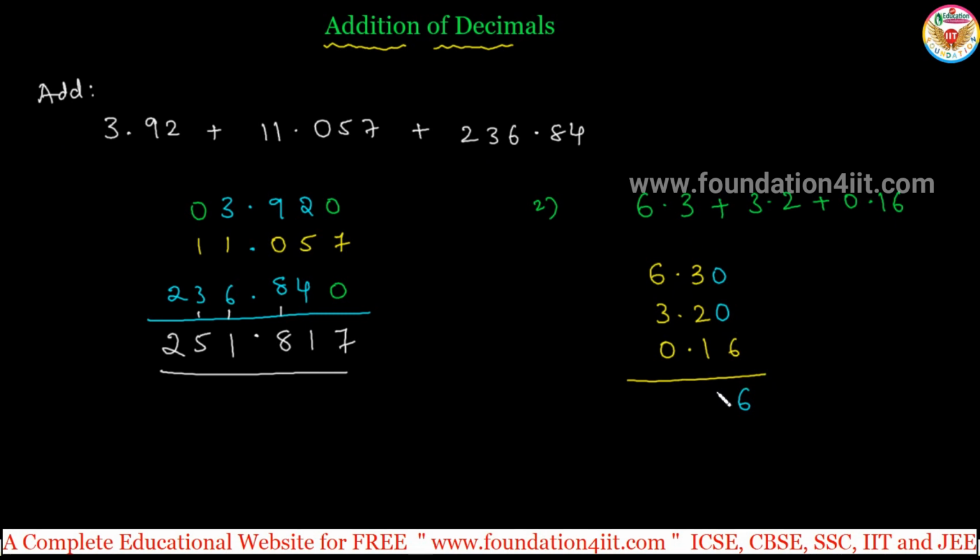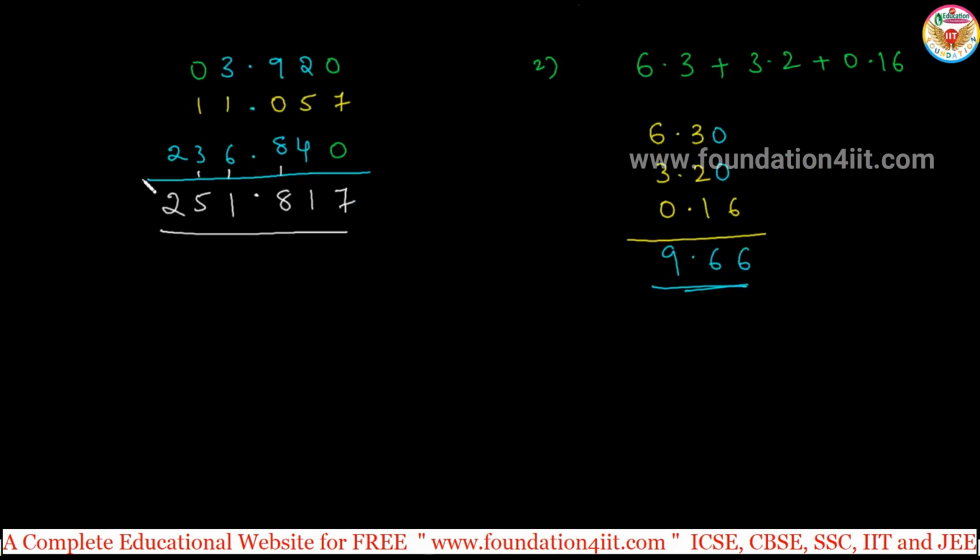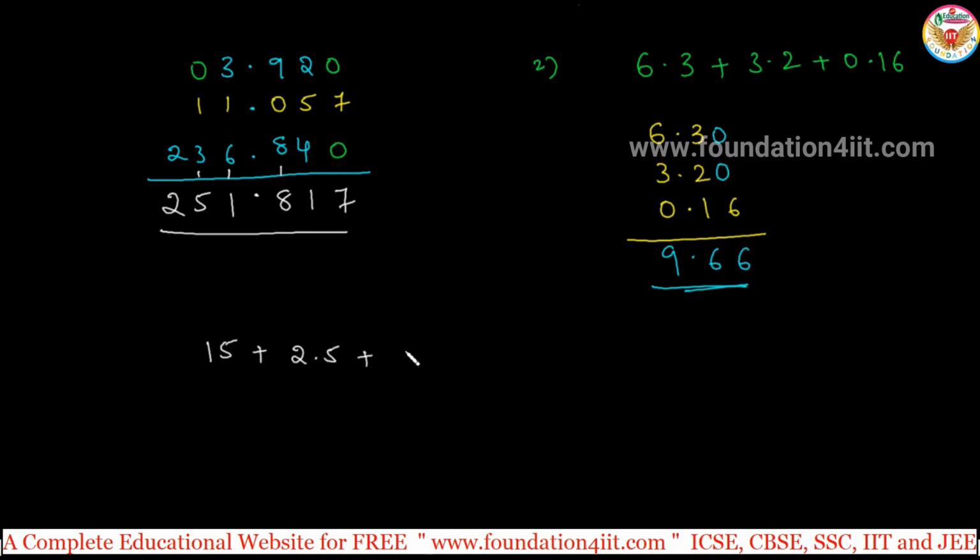6 and this is 6.9, 9.66. Okay. Any whole number can be expressed as a decimal number by putting the decimal point after it. Okay. This is the addition of decimals. In a case like normal numbers, for example 15 plus 2.5 plus 12.05.